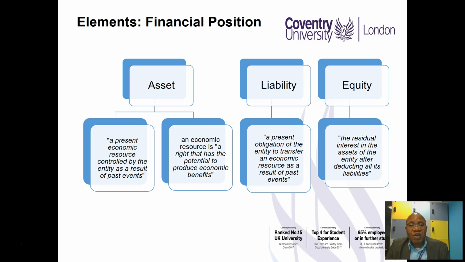Then we look into the pillars of financial reporting. These are the 5 elements of financial reporting. It is important that you learn these elements because everything we do will hinge on your understanding and application of these elements. 3 of the elements are in the statement of financial position, and 2 in the statement of comprehensive income.